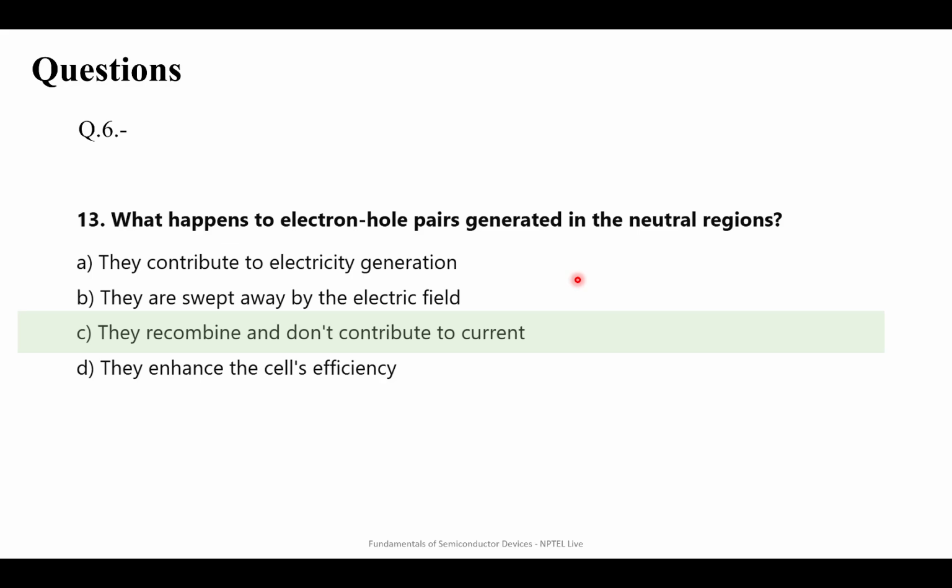So you want to generate the electrons and holes, and then separate them so that electrons move to one edge and holes to the other edge. To do that you need a depletion region.